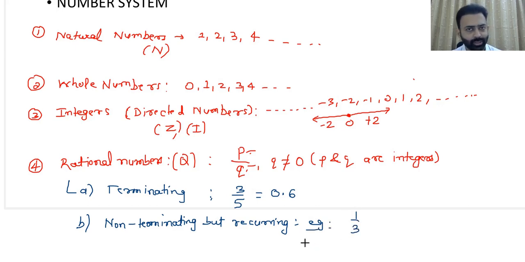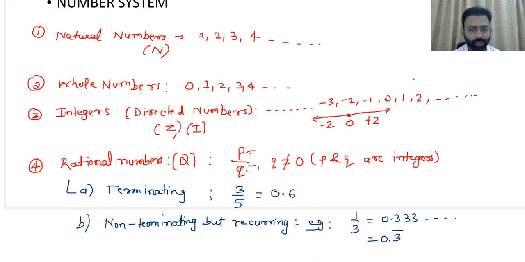Again this is a rational number. 3 is not equal to 0, and 1 and 3 are both integers, but if you take out the decimal equivalent, this will be 0.3333 and so on till infinity. So these digits are non-terminating but repeating. 3 is repeated an infinite number of times, and in short we denote this by a bar, 0.3 bar.